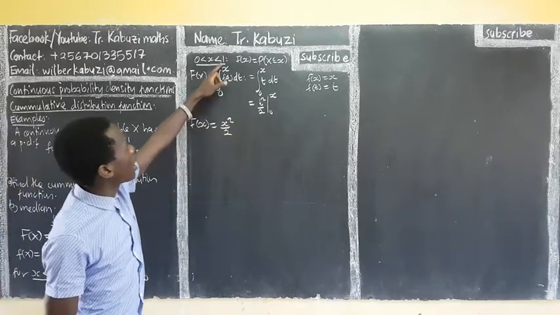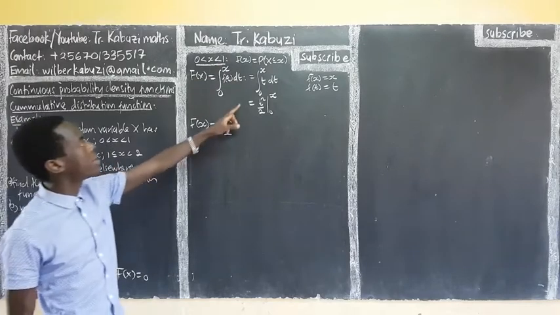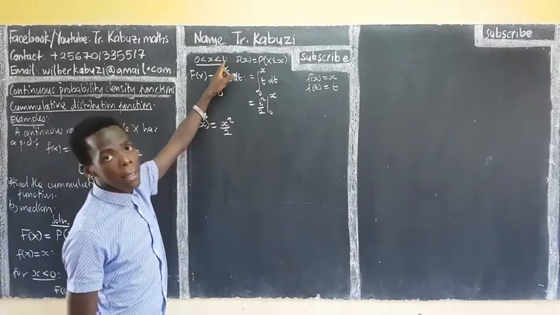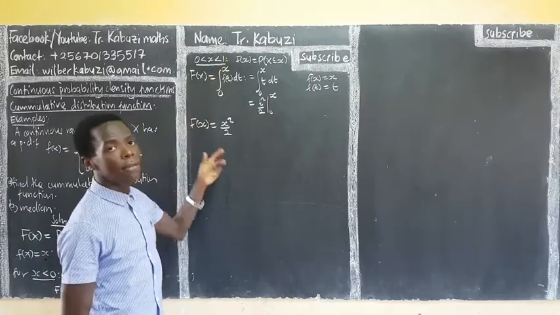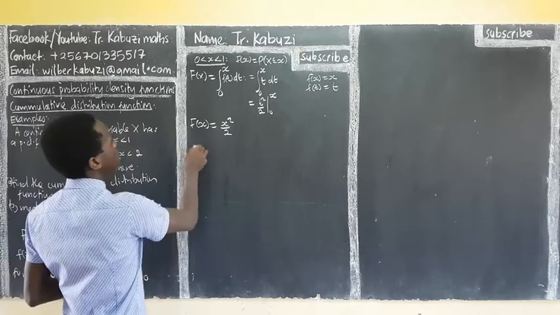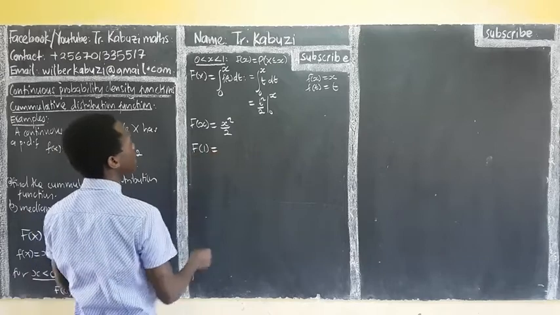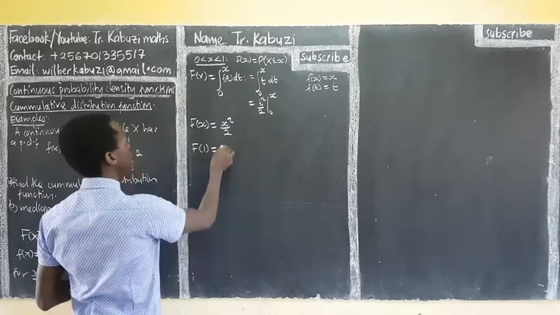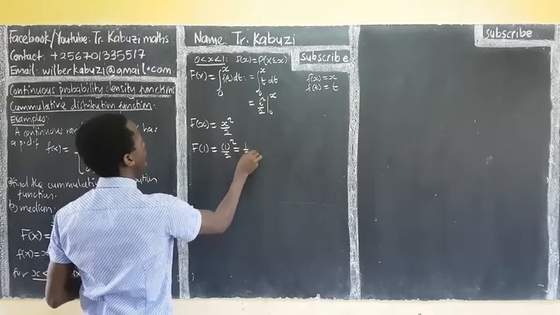Now, to go to the next interval, we substitute in the upper limit here so that we can move on to that value with the next class. So capital F of 1 will be 1 squared over 2, which will be a half.